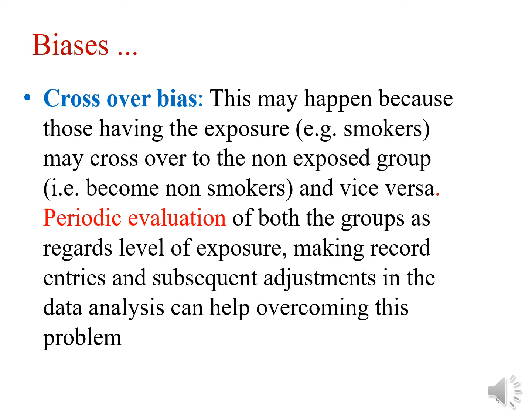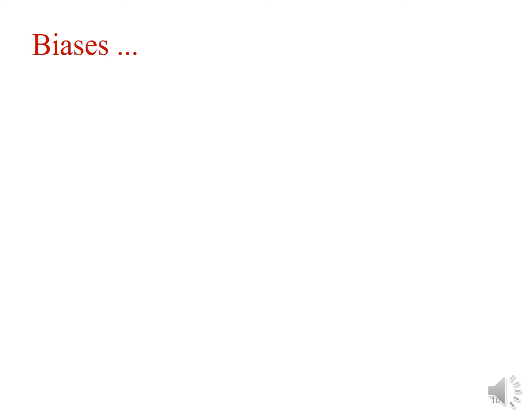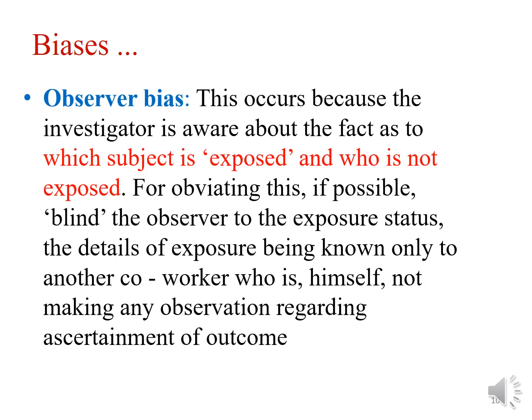Adjustment at the time of analysis can also help to minimize this problem. Next is the observer bias. This can occur when observer, interviewer or investigator is informed about which subject is exposed to the risk factor and which is not.